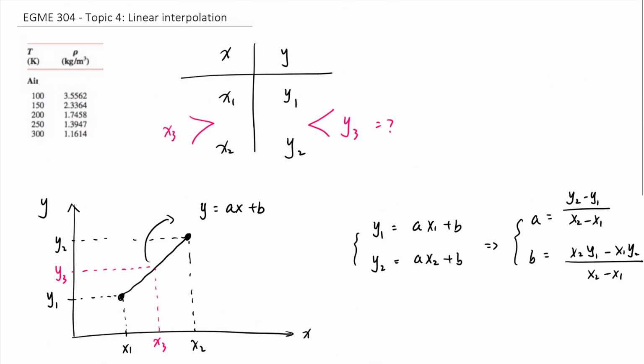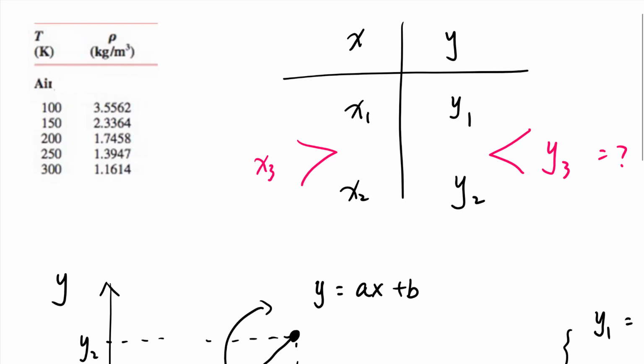So for example, in our case, 100 Kelvin will be my x1, 150 Kelvin will be my x2, 3.5562 will be y1, and 2.3364 will be y2. And our x3 we said is to calculate at 120 Kelvin.